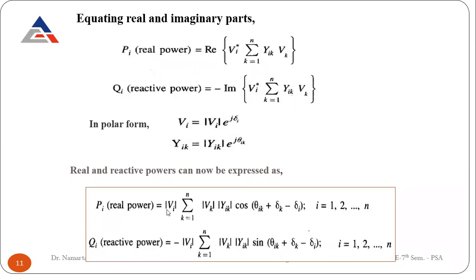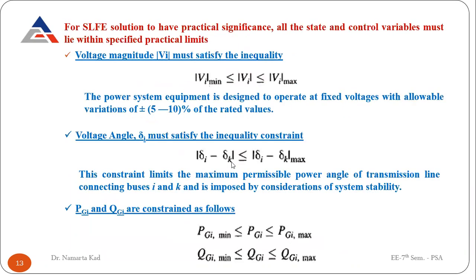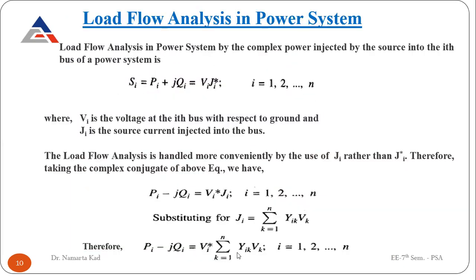So Pi is equal to Vi, summation of k equals 1 to n, Vk, Yik, cos of... Just see this equation. This is in the complex form, like Pi minus JQi.